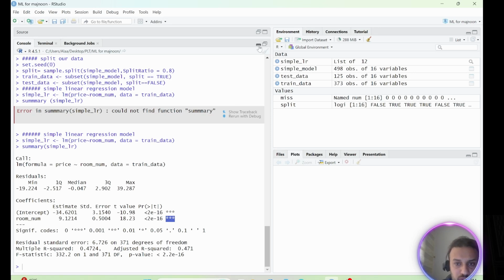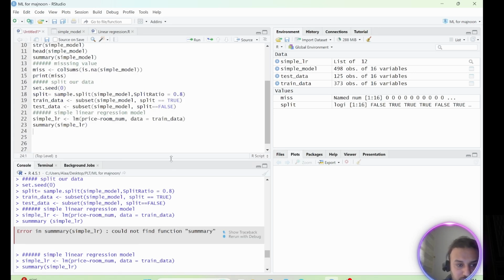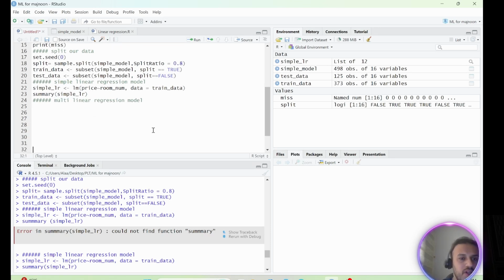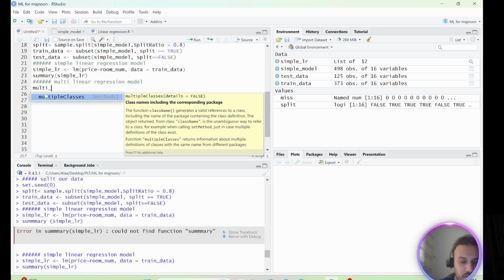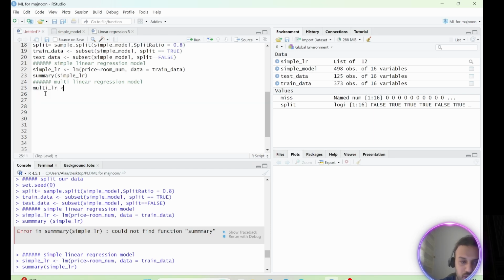This is just for simple linear regression. Now we're going to go into more detail for the multiple. Multiple is the most important, not simple, when we have more than one x. So I'm going to write multi_linear_regression equal to lm function. Use the lm function also.